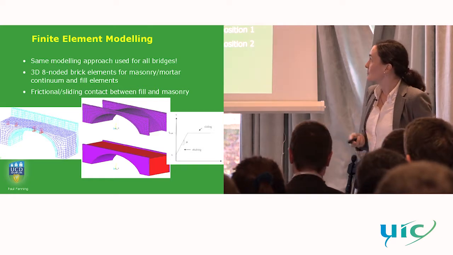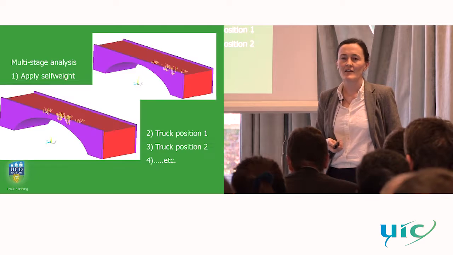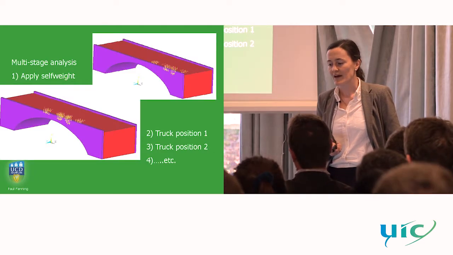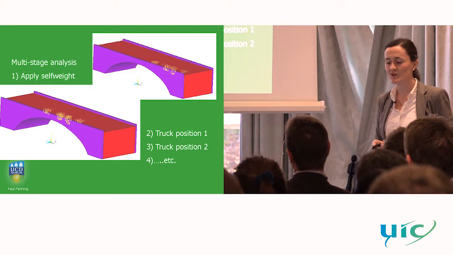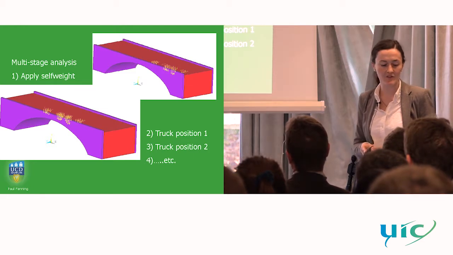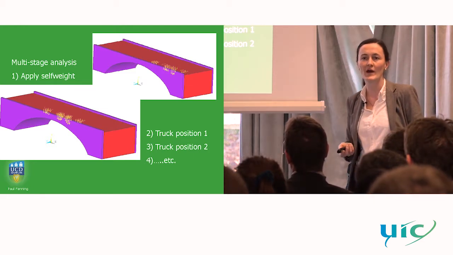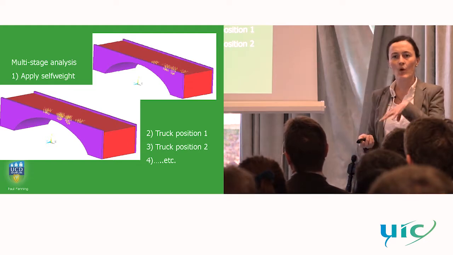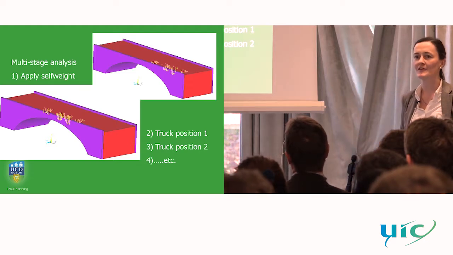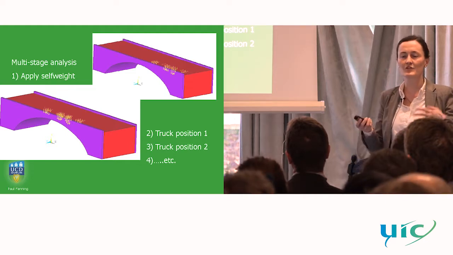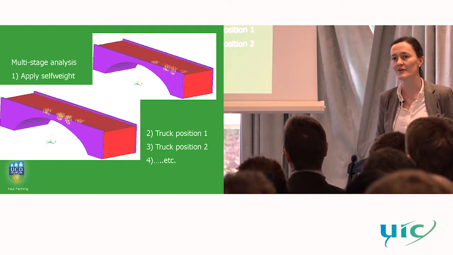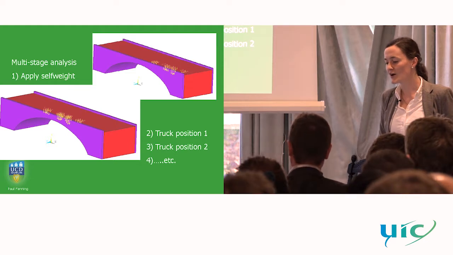So typically, depending on the loading that we're trying to replicate, it's a multi-stage analysis that we take. The first step is to apply the self-weight. This is really quite important for assessing masonry arch bridges because you need to lock in the compressive stresses into the arch.